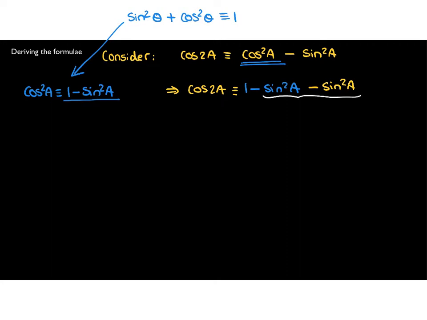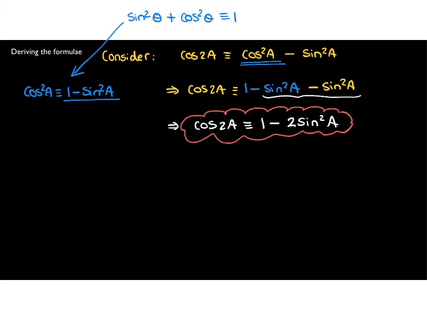We can simplify this, can't we? We now get cos 2A is equivalent to 1 minus 2 sine squared A. And this is another form of the cos 2A identity, a really useful form, as you will discover.